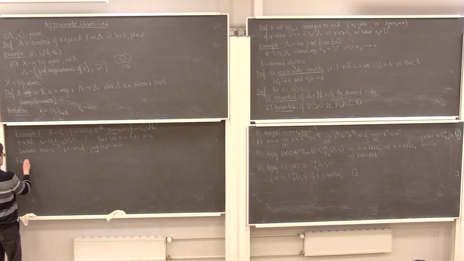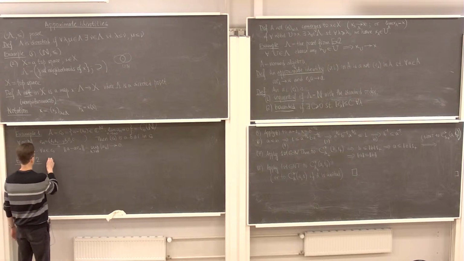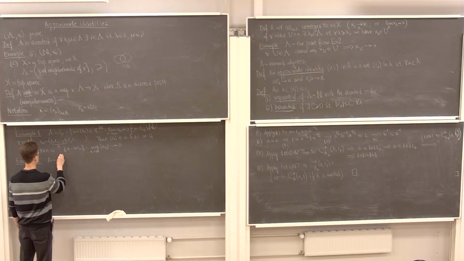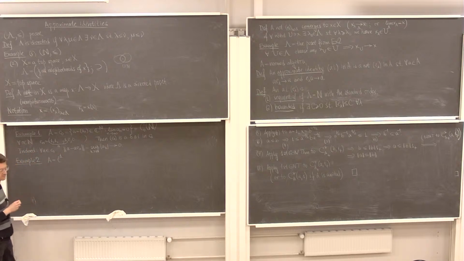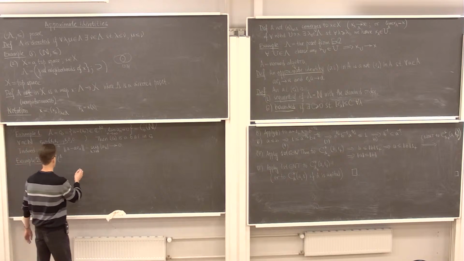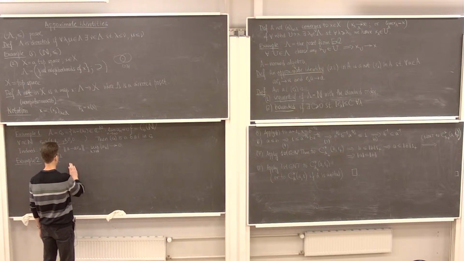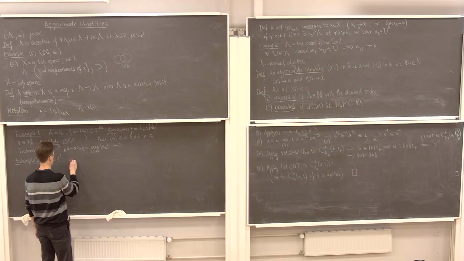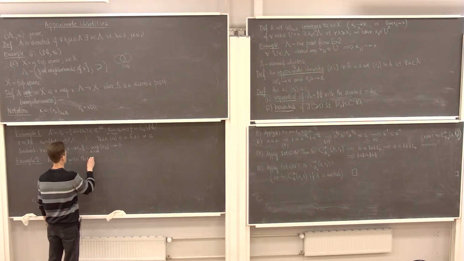Example 2 shows a difference between bounded and unbounded. Suppose now that A is the little l1 space of absolutely summable sequences. So it is a Banach algebra with the pointwise multiplication.